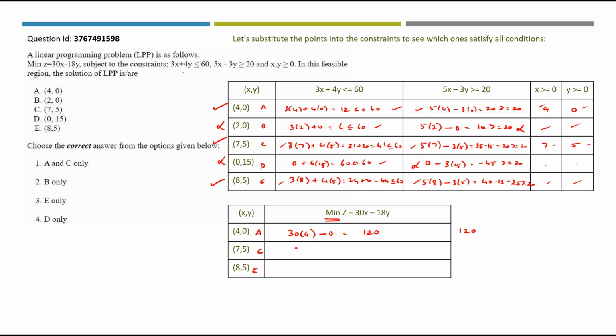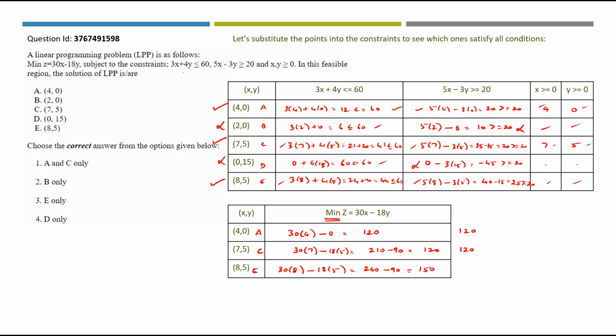What about 7, 5? 30 into 7 minus 18 into 5. So this will be 210 minus 90. This will give you 120 as the difference. What about 8, 5? 30 into 8 minus 18 into 5. 30 into 8 will be 240 minus 90. What is 240 minus 90?